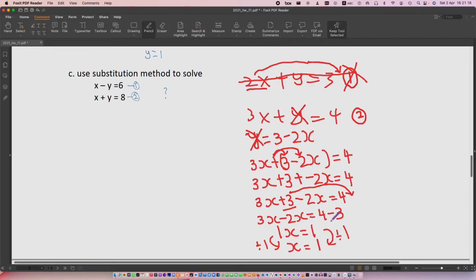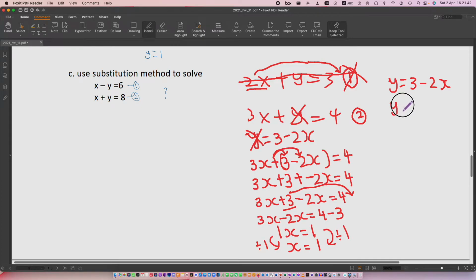Good. So when x equal to 1, then you can see here, y is equal to 3 minus 2x. Write down y equals to 3 minus 2x. So your x equal to 1. So now you put in x equal to 1.